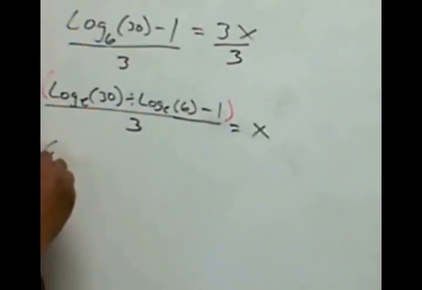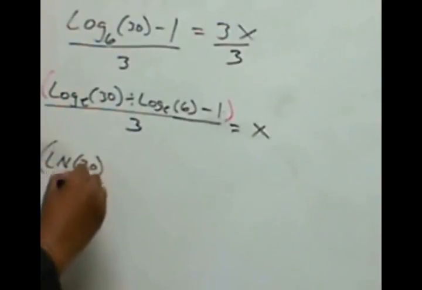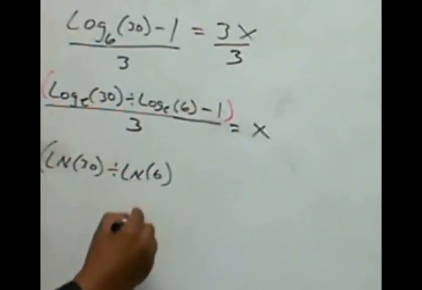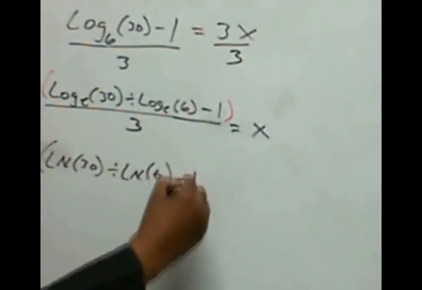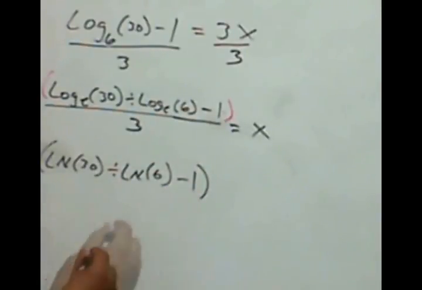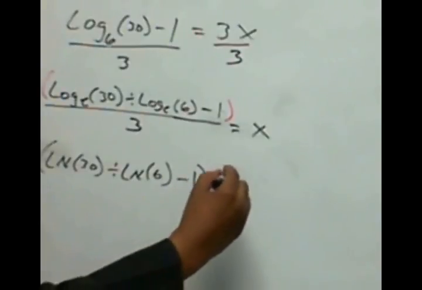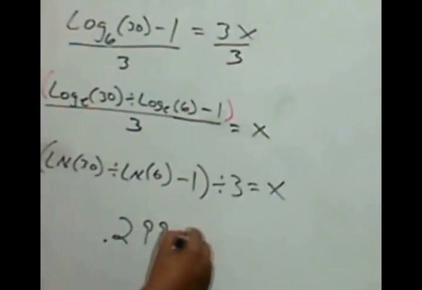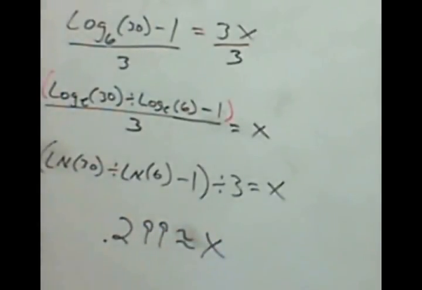Open parenthesis, ln button with a 30, close parenthesis, divide by ln button again, put in the 6, close the parenthesis, subtract 1, close another parenthesis, and then divide all by 3. Once this is done, you're going to get 0.2994, and this is approximately x.